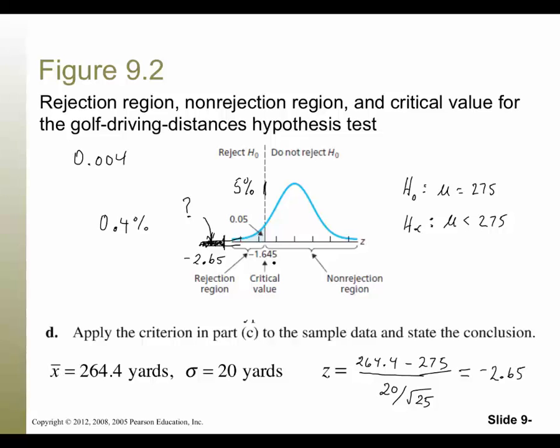So we were checking it against a 5% confidence, but really what his z-score indicated was if he drives at 275 on average, then this sample, or something less than this, would occur less than 1% of the time. So it's not only did we not make the 5% confidence level, but this is great evidence to reject the null hypothesis that no, he doesn't drive at 275, because this one sample, if he does drive at 275, a sample like this would happen less than 1% of the time.